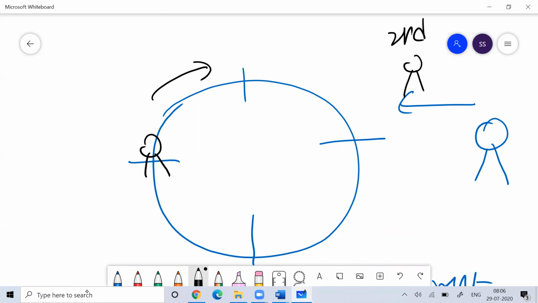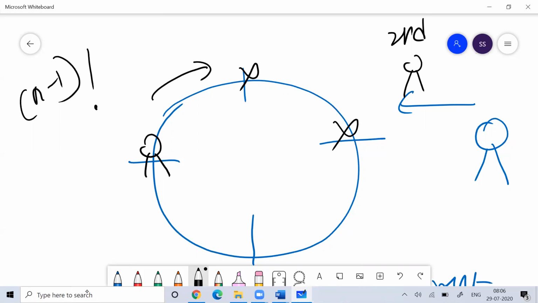The person will understand this place, because once the first person goes and sits, you can define the places of other persons. That's why we use n minus 1 factorial, not n factorial. So that's why we use n minus 1 factorial in a circle. That is the logic.